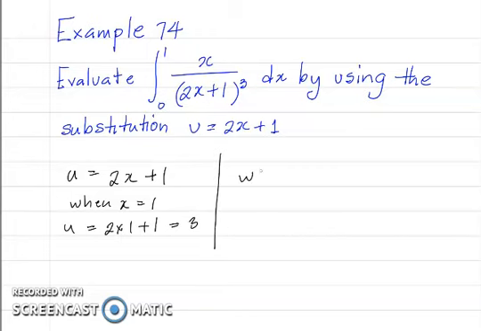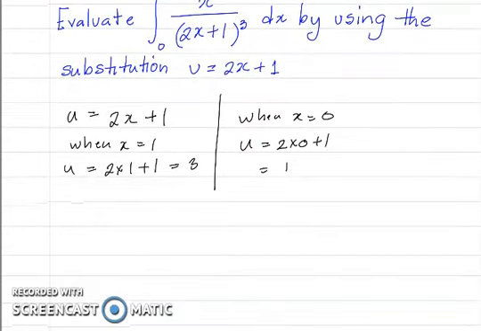And when x is equal to 0, u would be equal to 2 times 0 plus 1, which is 1. So the limit x is equal to 1 is going to be replaced with u is equal to 3, and the limit x is equal to 0 is going to be replaced with u is equal to 1.